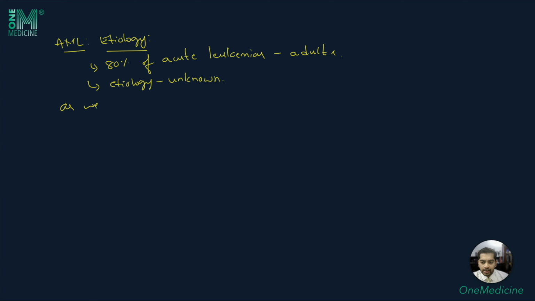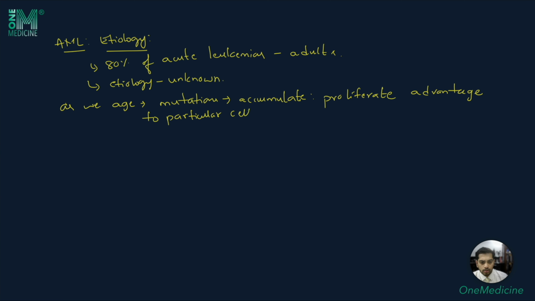So as we age, there are certain mutations that accumulate and give certain proliferative advantage to particular cells, and this can lead to monoclonal proliferation, which if left unchecked, it can transform into leukemias. This concept is called clonal hematopoiesis.